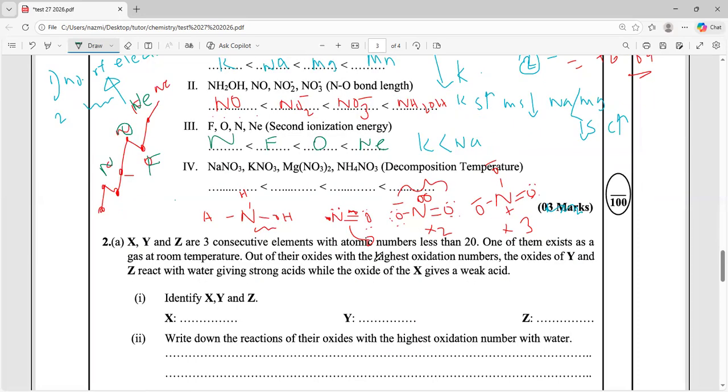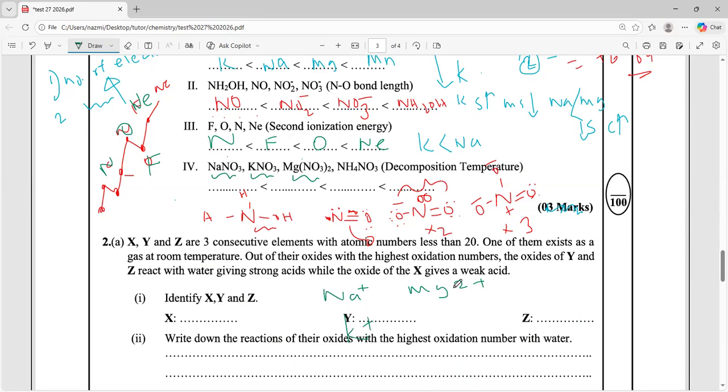Now next one is decomposition temperature. Here you can see sodium nitrate, potassium nitrate, magnesium nitrate. The anion is the same, NO3 minus, but the cation is different: Na plus, magnesium 2 plus, and K plus.